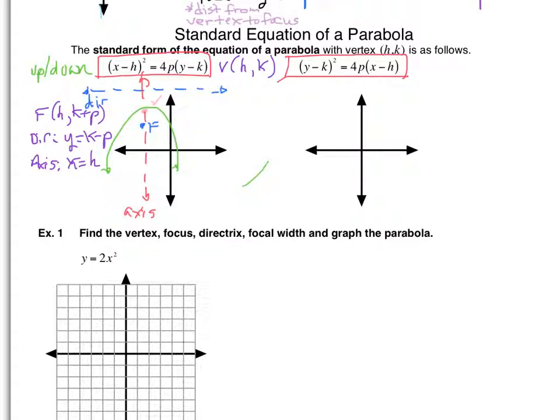Your focal length will equal p. That's your distance from the vertex to the focus. And then your focal width is equal to the absolute value of 4p.